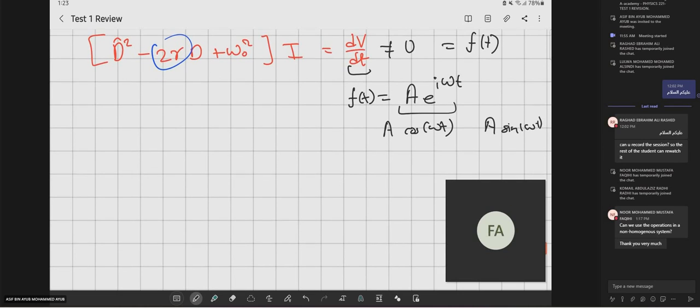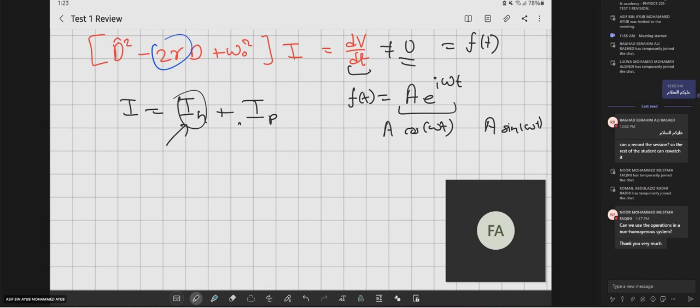The way we deal with this is that I will have a homogeneous part, that is the solution when this thing is 0, and you'll have a complementary or particular part that is related to the input itself. The homogeneous part, we've seen the solution. How do we find the other one?